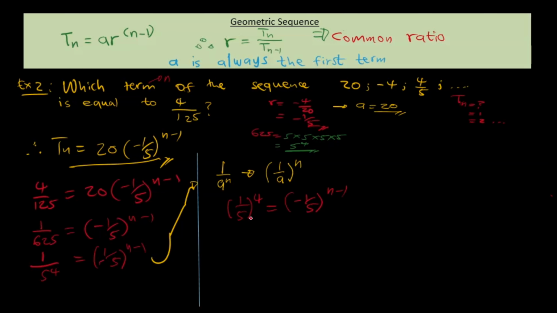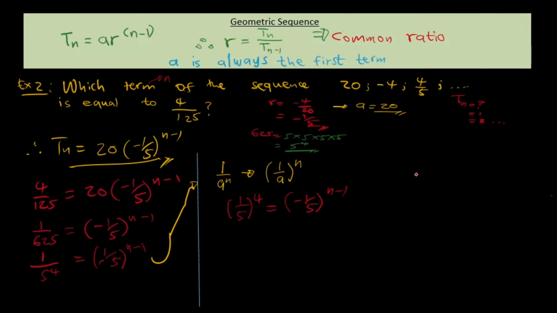Now, the laws of exponents say when you have two bases that are exactly the same, then you equate the exponents. I've got this base, which is 1 over 5, and the other base is minus 1 over 5. That is the difference. These two bases are not the same, so I cannot equate the exponents.